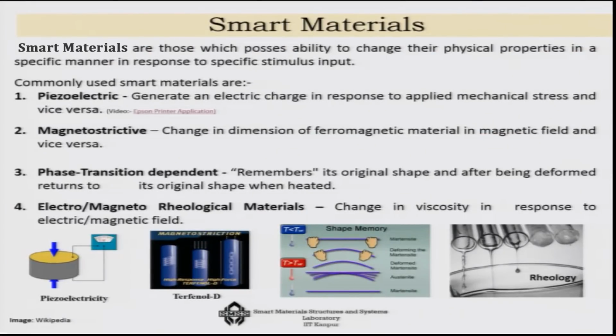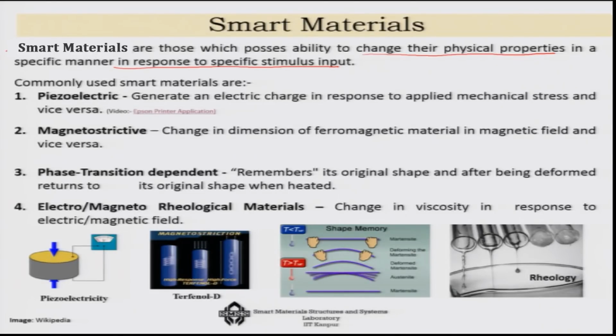If I try to now define what smart materials are, they are those which possess the ability to change their physical properties in a specific manner in response to specific stimulus input. So, this is important that they are able to change their physical properties in response to specific stimulus input.